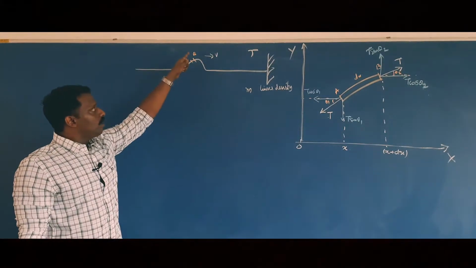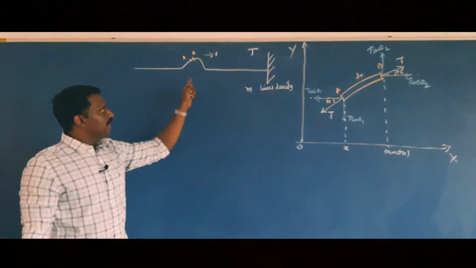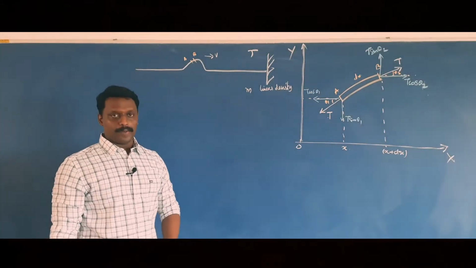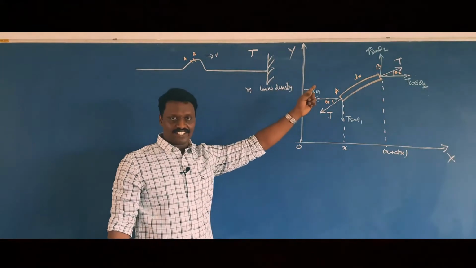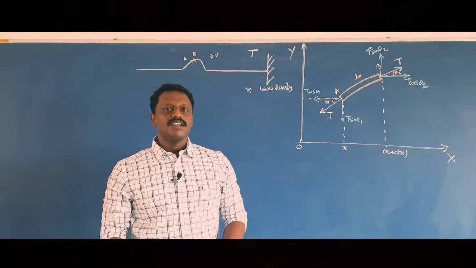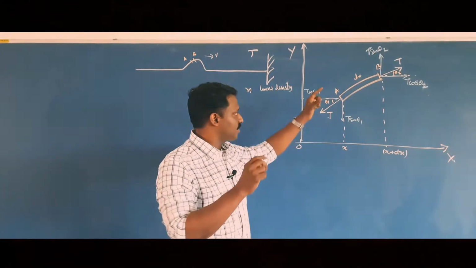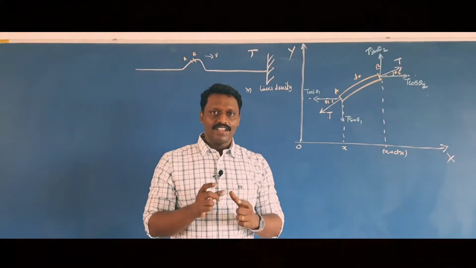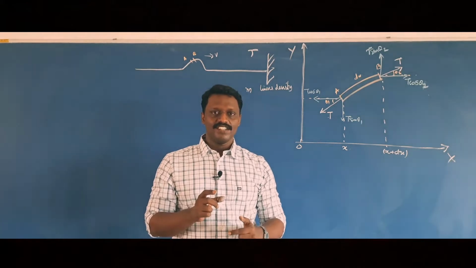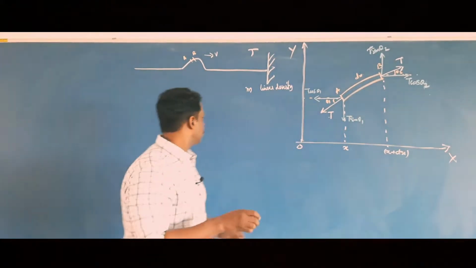Now, the particles of the medium are vibrating in a direction perpendicular to the direction of wave propagation. So if you are taking this as the x direction, the particle displacement is along the y direction. So we can take the force on this section AB in the vertical direction. That means the y direction, along the direction in which the displacement occurs.